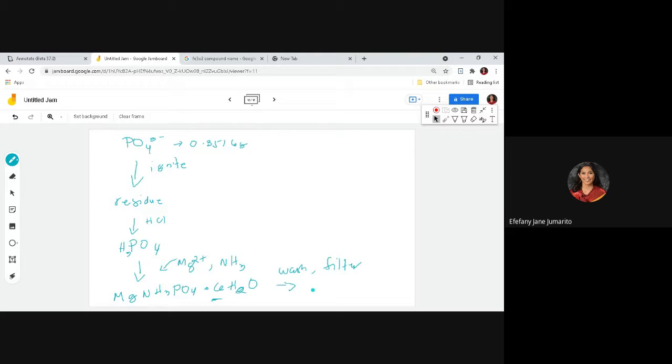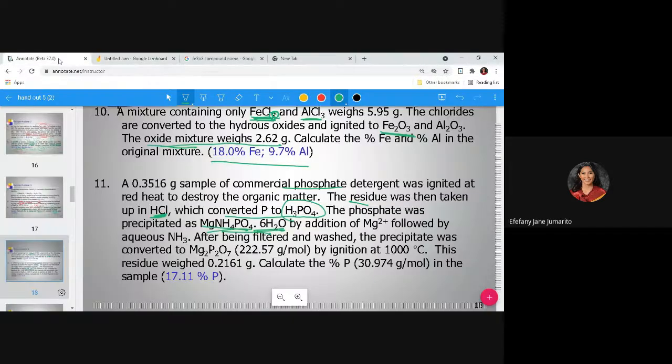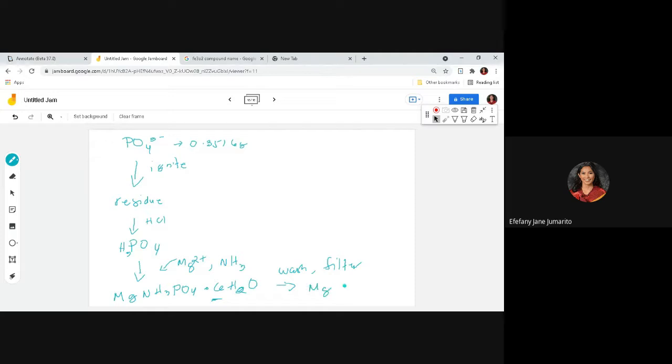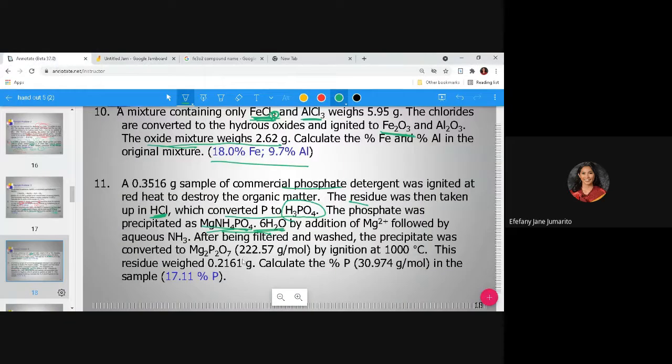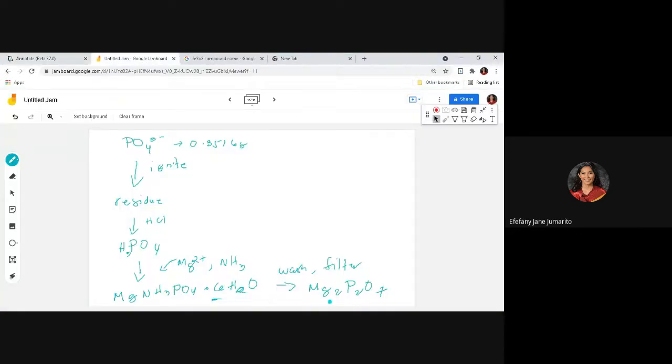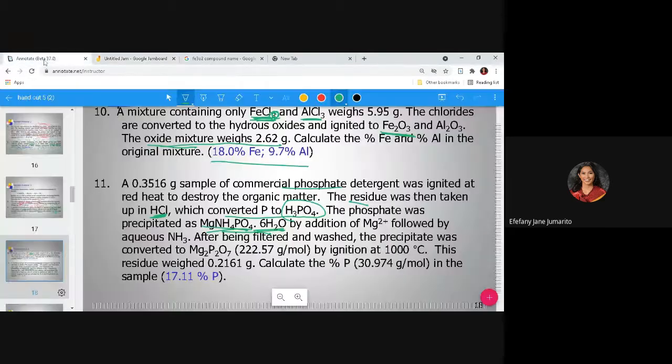Then the precipitate we have is Mg2P2O7. Now, how much does it weigh, class? How many grams? The precipitate weighs how much?